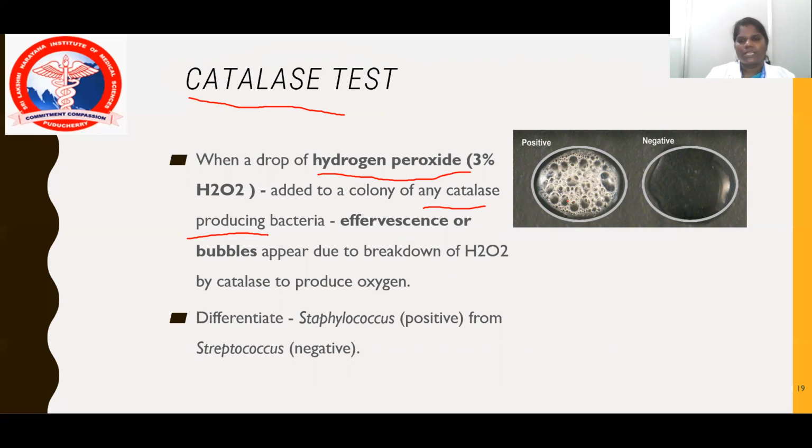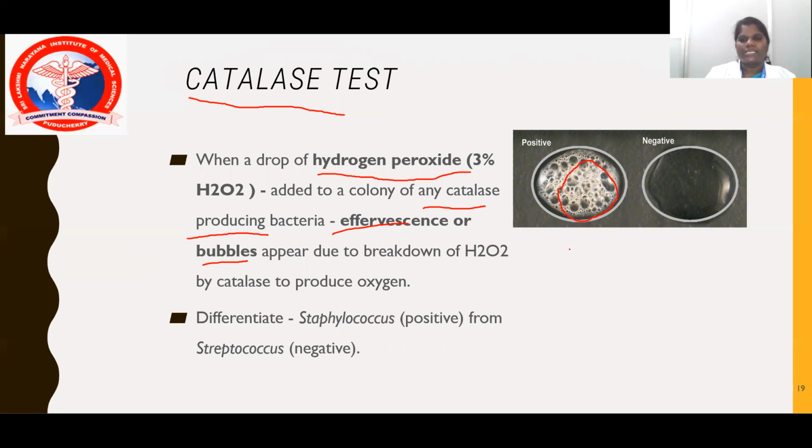The release of oxygen appears as effervescence or bubbles. If it is positive, the bubbles will be there. If it is negative, there are no bubbles on reaction with the hydrogen peroxide.